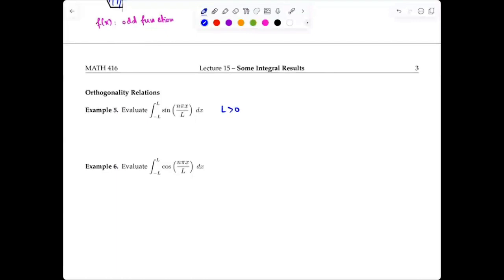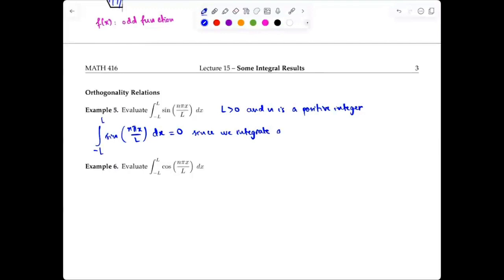L is greater than 0 in this case, and n is a positive integer. So the integral from negative L to L of sine of n pi x over L dx is equal to 0, since we integrate an odd function over a symmetrical domain.